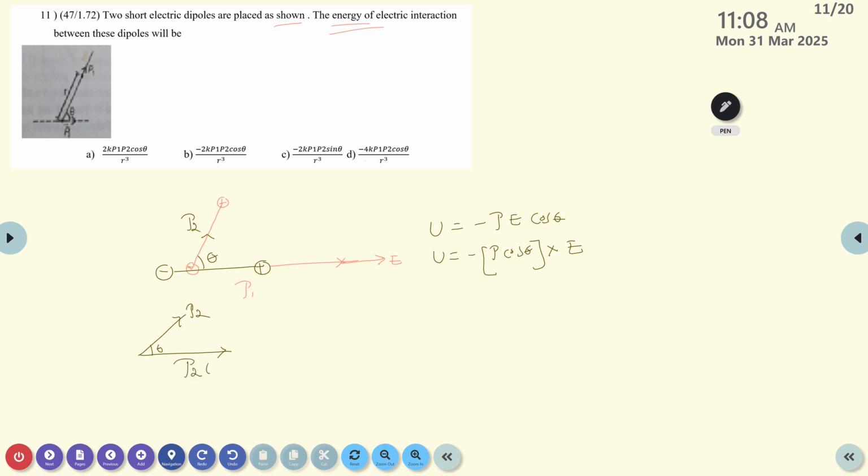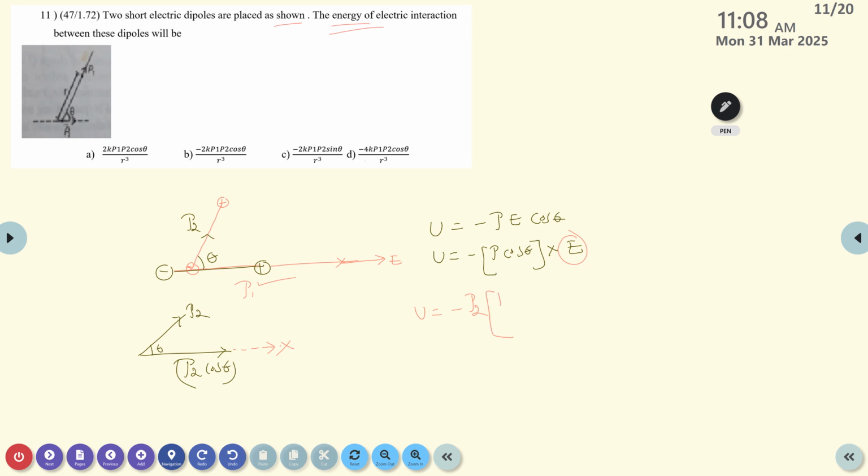This will be P2 into what? Cos theta. However, the electric field is acting like this. Then you write it here, U equal to minus of what? P. That means P2 I am writing, cos theta. Electric field of which dipole? Dipole 1, along the axial line.